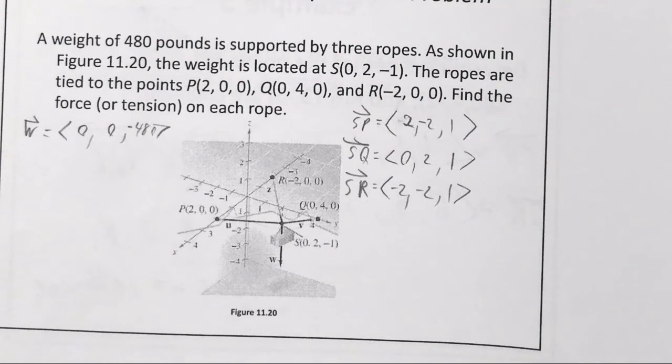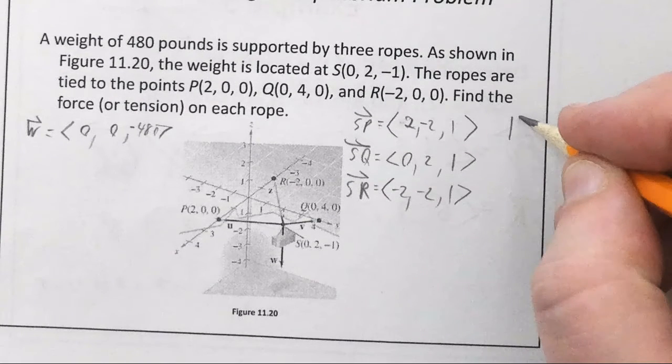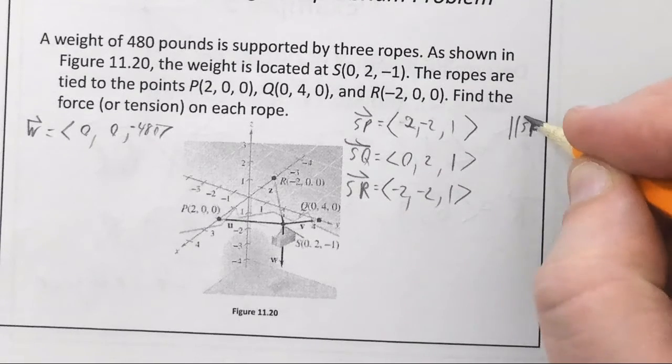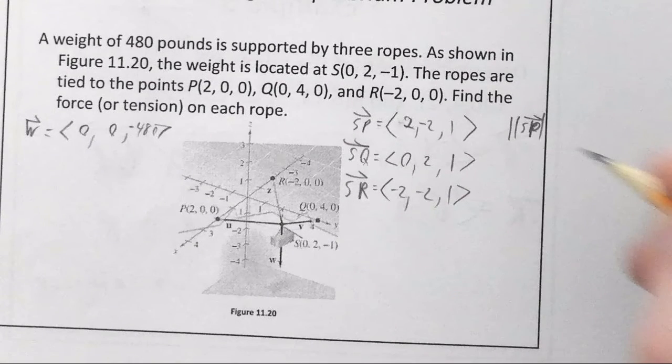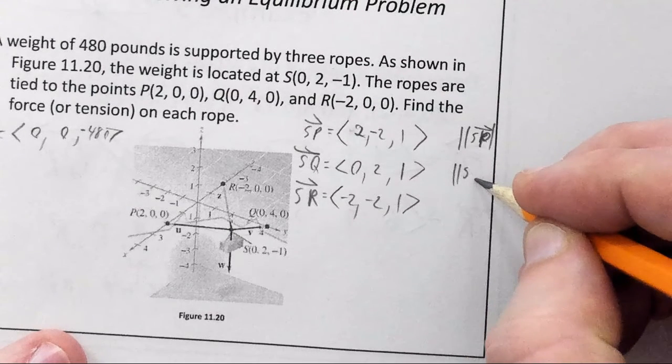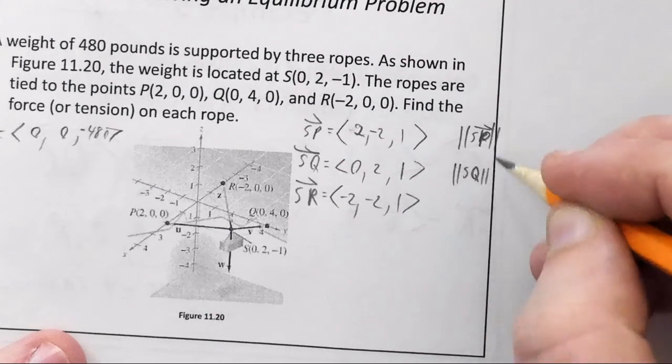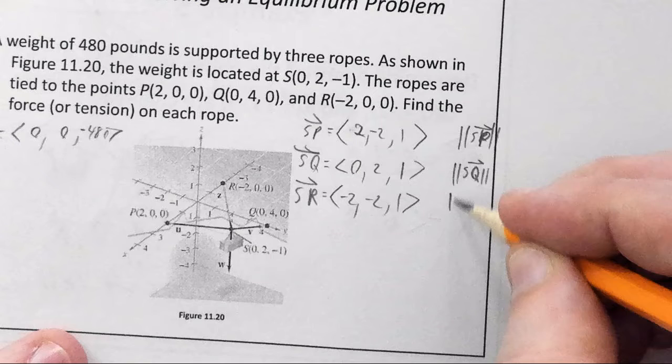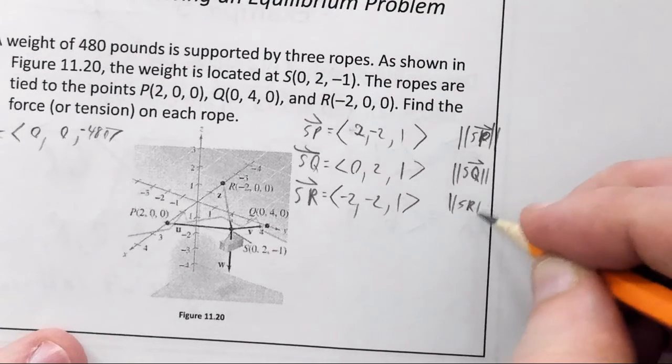Okay, so I need to actually figure out the length of the ropes now. How do I figure out the ropes? Yeah, distance formula. So in other words, find the magnitude of SP, the magnitude of SQ, and the magnitude of SR. What would the magnitude of SP be?